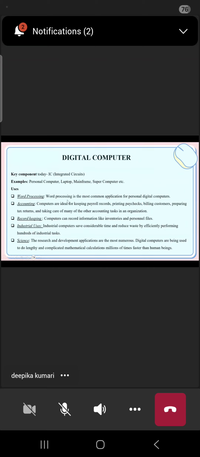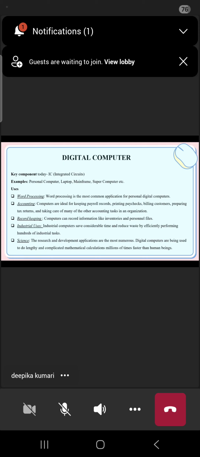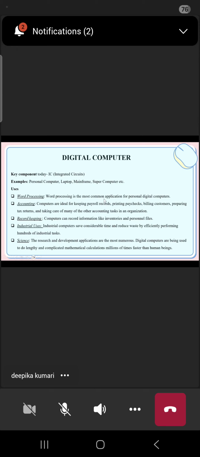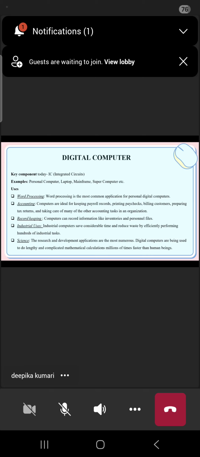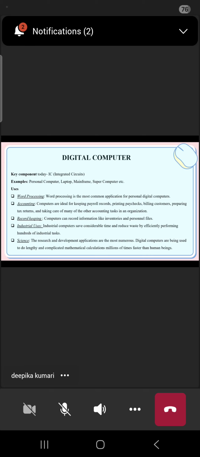Word processing is the most common application which we use for making our assignments or PDFs in Word files or PPTs. Then in accounting, banks and financial departments all have accounting services, so they use digital computers for that. Then record keeping: we keep records in inventories and personal files.